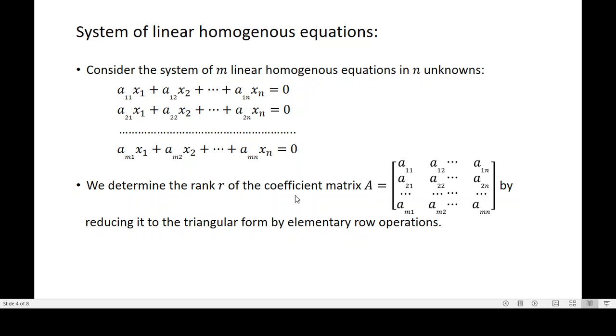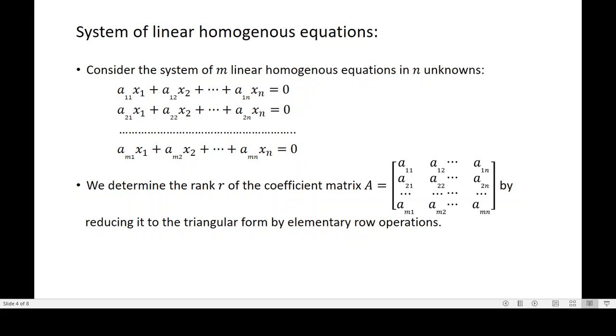Suppose the rank of the coefficient matrix is equal to n, the number of unknowns or the number of variables. The system of equations has only zero solution. That is x1 is equal to 0, x2 is equal to 0 and so on xn is equal to 0.